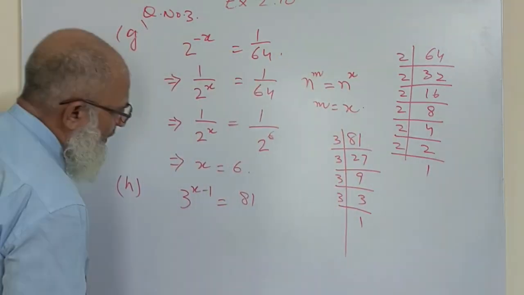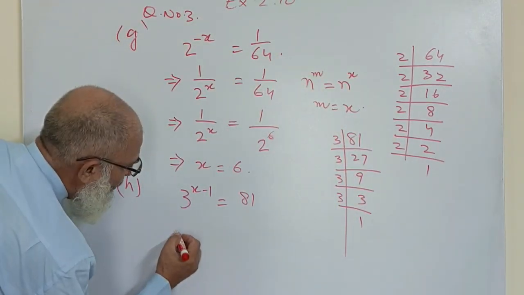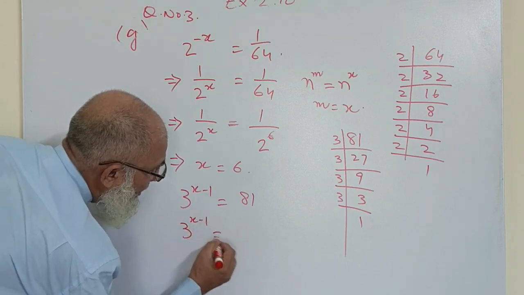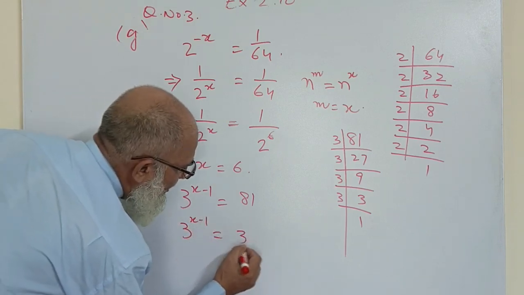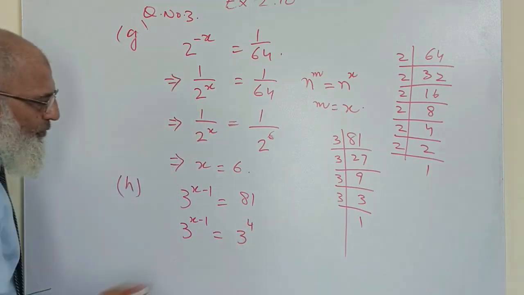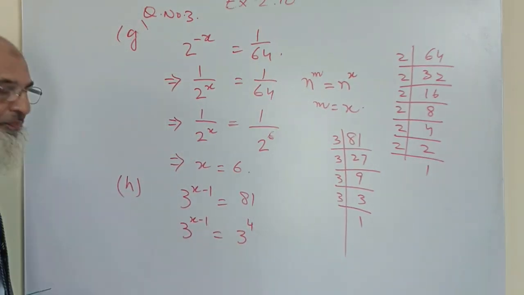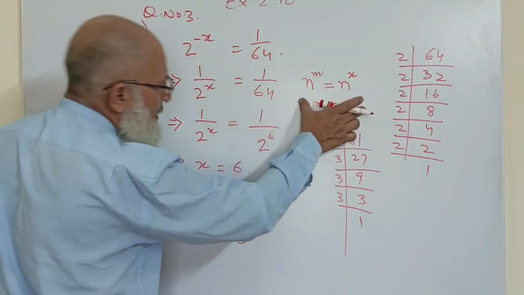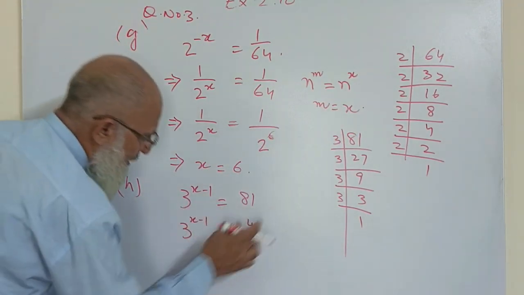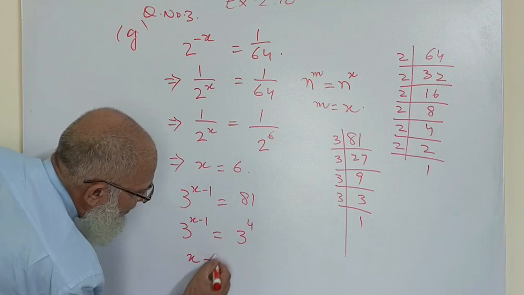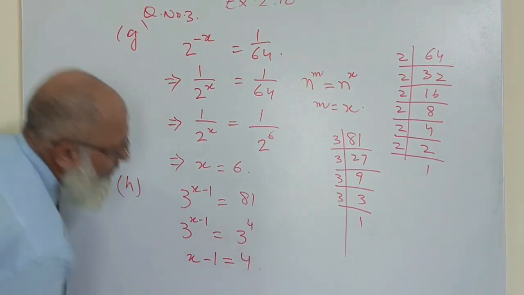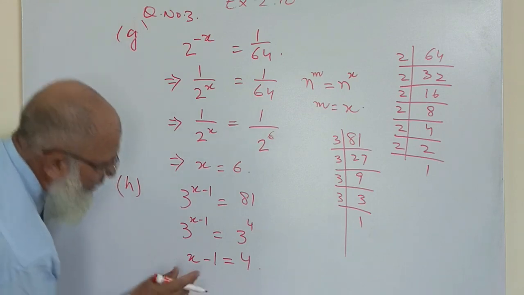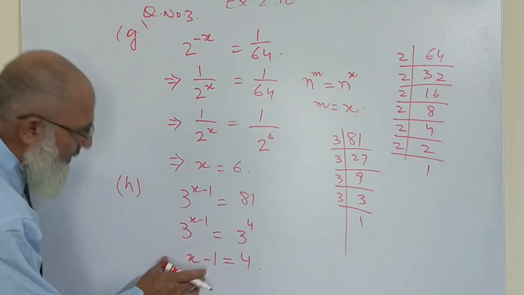4 threes are coming up in a row. So what will happen over here? 3 raised to x minus 1 is equal to 3 raised to power 4. Now we have made the bases the same. That means, according to this law, x minus 1 is equal to 4. Now you will apply this law. But it is not finished as yet.